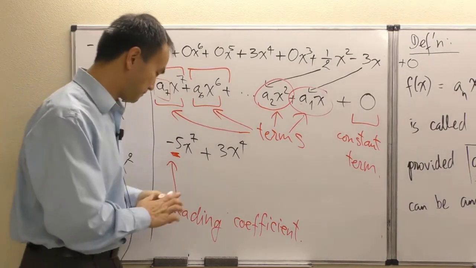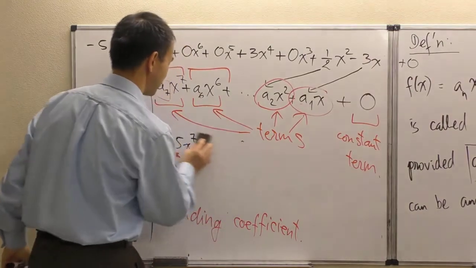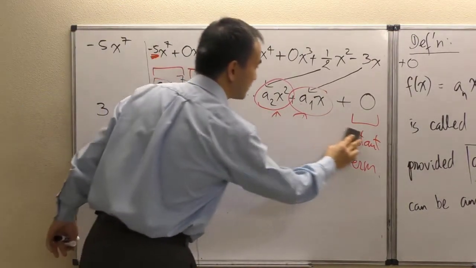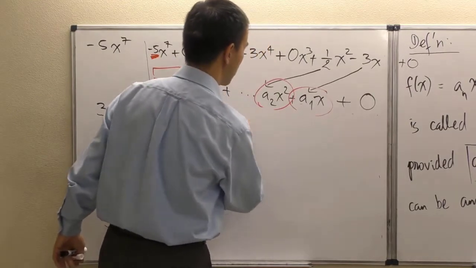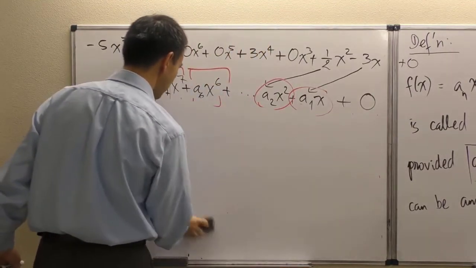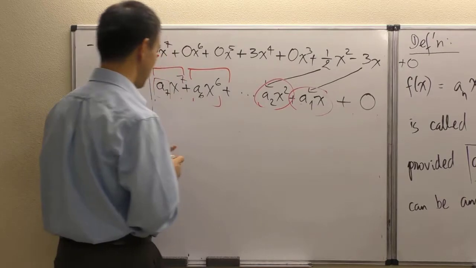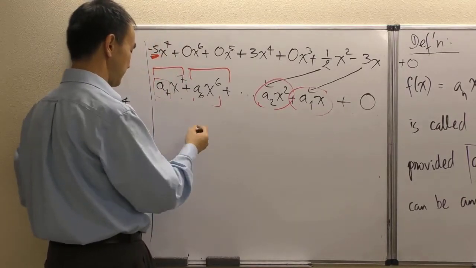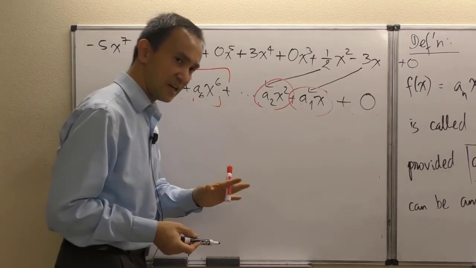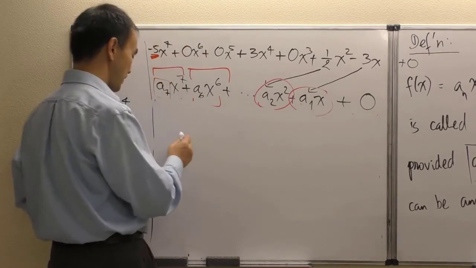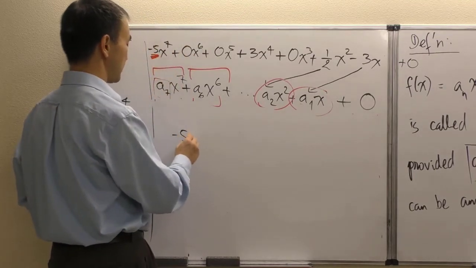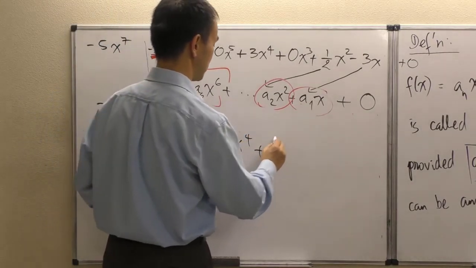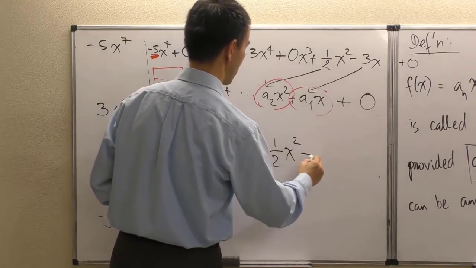But now, I have to quickly erase this. The term that has the highest power, we call the leading term. So minus 5x to the 7 plus 3x to the 4th plus 1/2 x squared minus 3x.